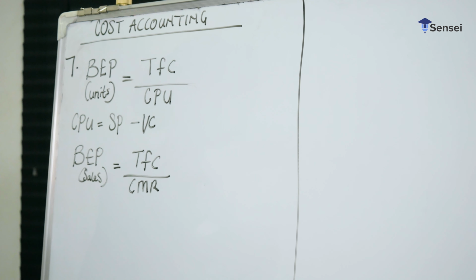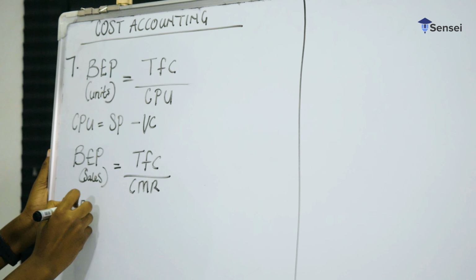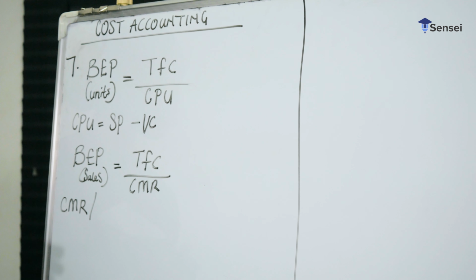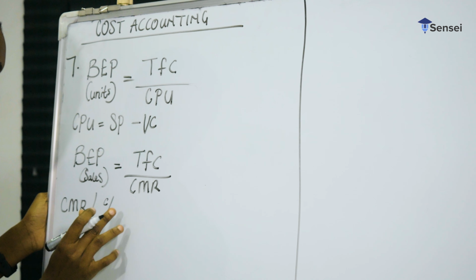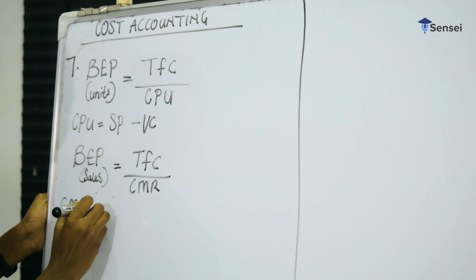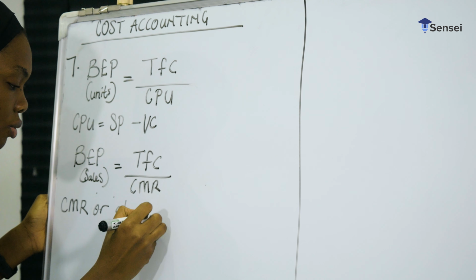This CMR, the contribution margin ratio, we can also call the contribution to sales ratio, written as C/S. You can always say CMR or contribution to sales ratio.